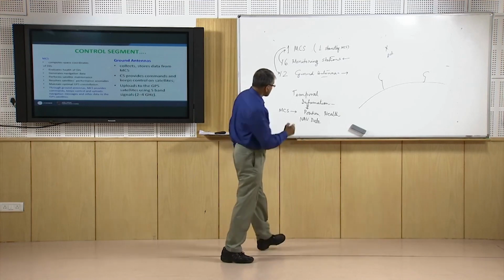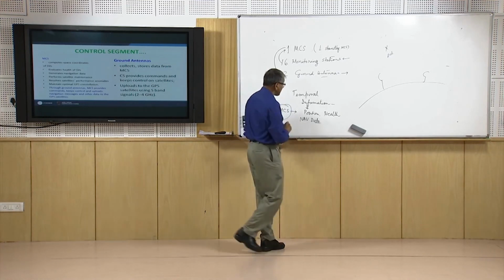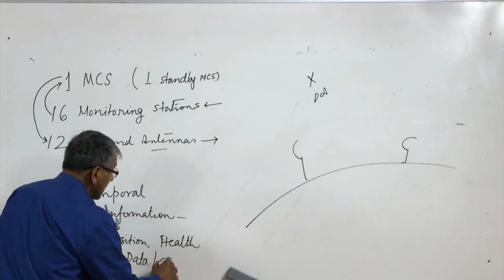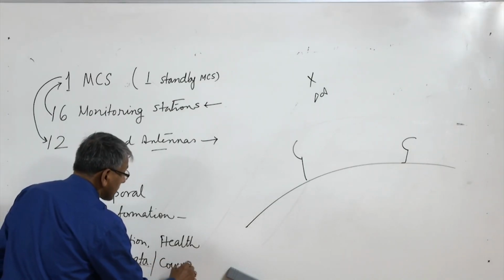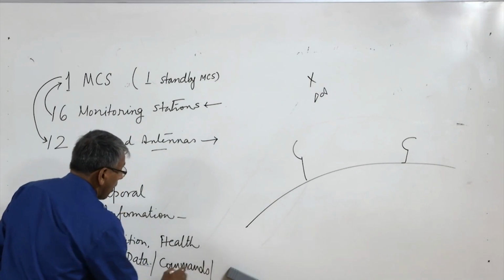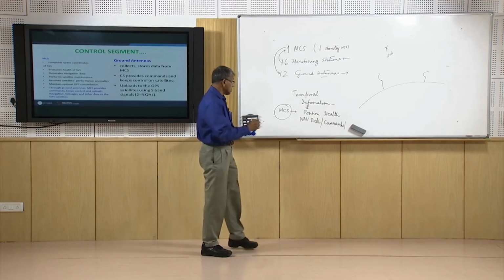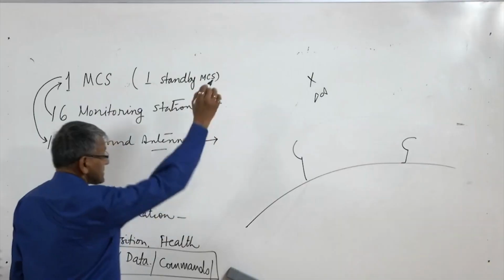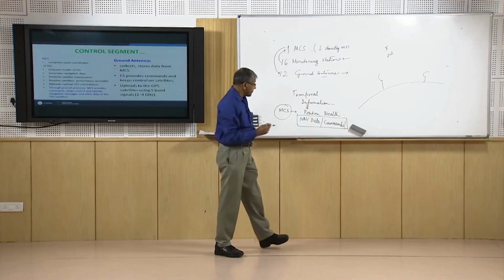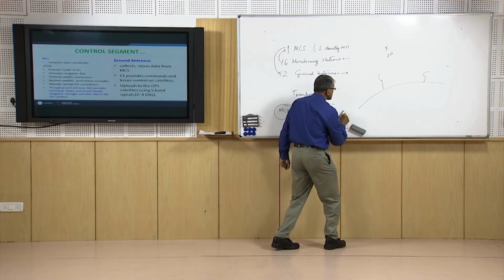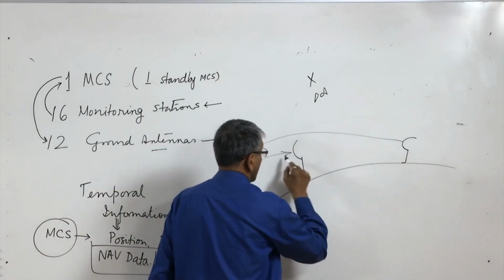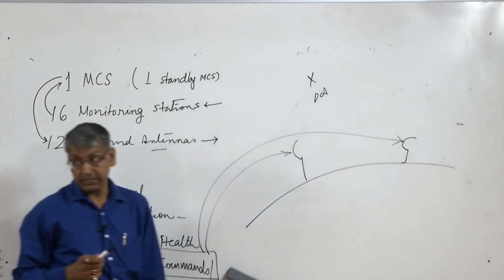Now the master control station, after preparing the navigational data, and if it needs to send some commands or other information to a certain satellite, will send this data and these commands to the ground antennas.